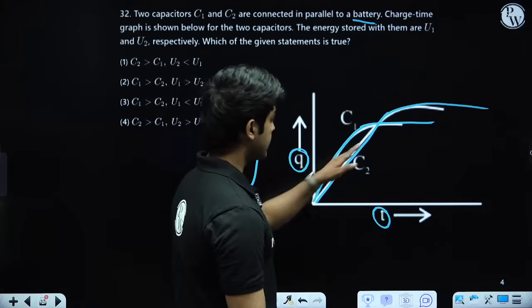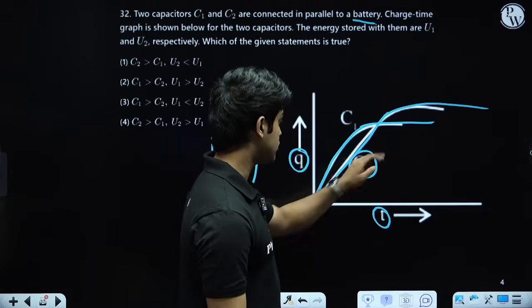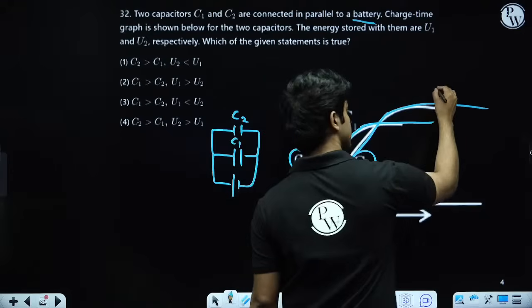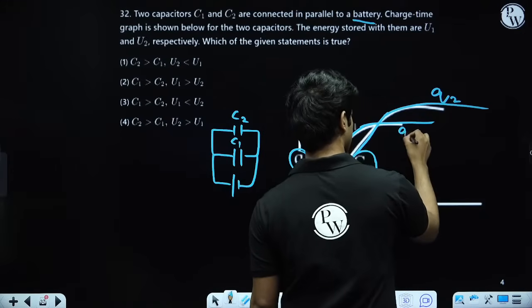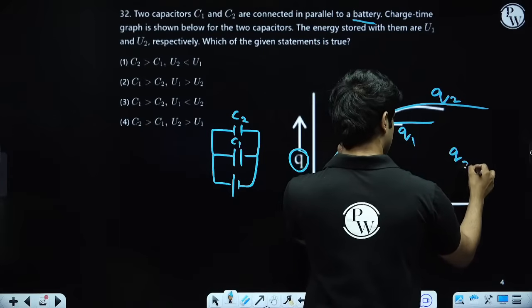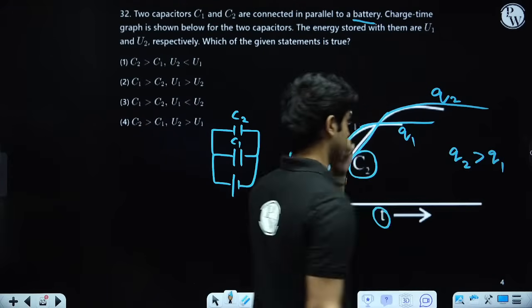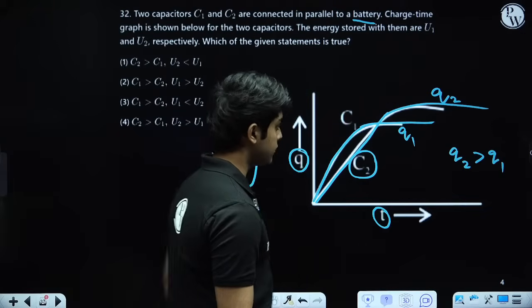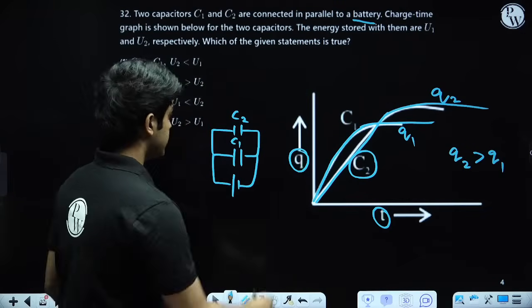By looking at the graph, I can see the peak charge of capacitor 2 is larger. If I say this is Q2 and this is Q1, Q2 is greater than Q1, because the peak of the second capacitor is higher than the peak of the first capacitor.